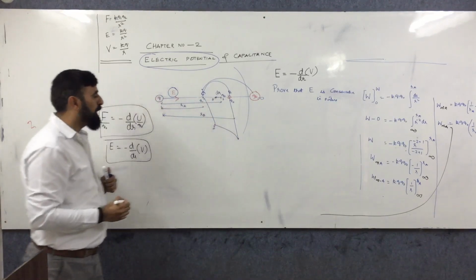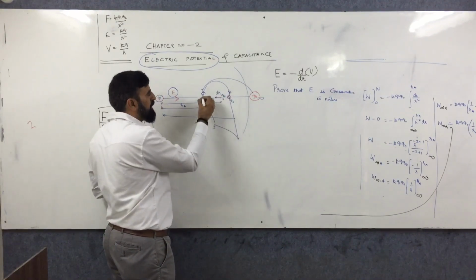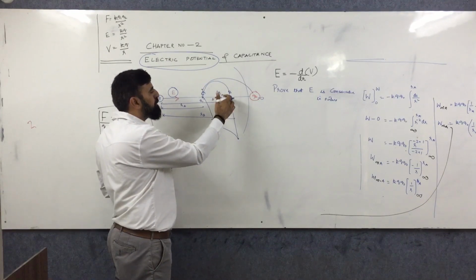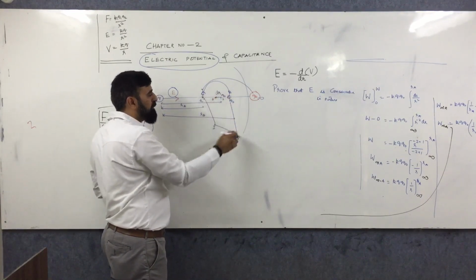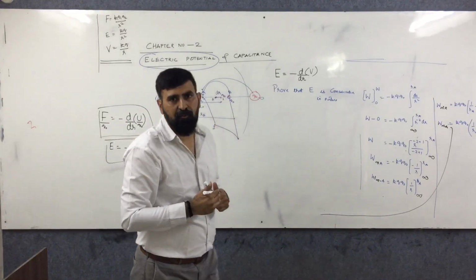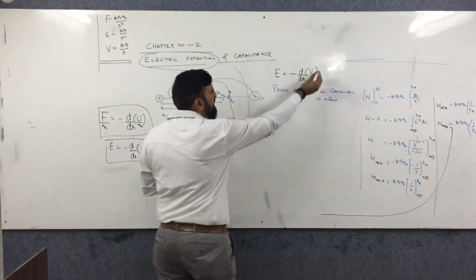I hope you got my point, isn't it? So wherever I go, the work done by me will depend only on B and A, only on the displacement, not on the path which I follow, isn't it? Okay, we will try to justify this expression now.